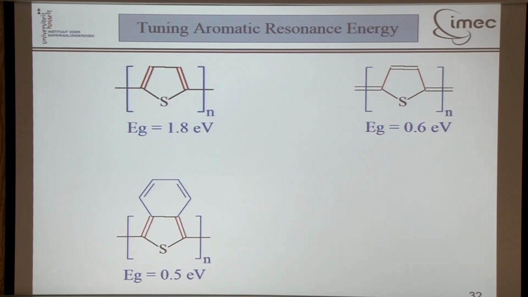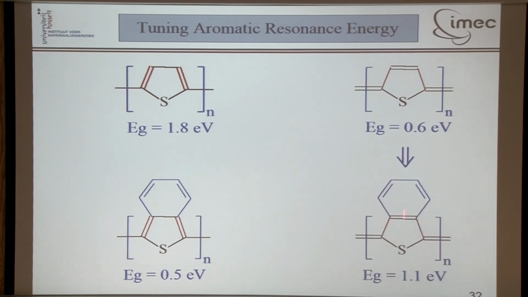We can also look at it from the viewpoint of the quinoid structure of thiophene. If we move to the isothiophene, again, we build in this aromatic structure, so you go from non-aromatic to aromatic and the band gap increases. So all these changes can be relatively easily interpreted by counting the aromatic structures.